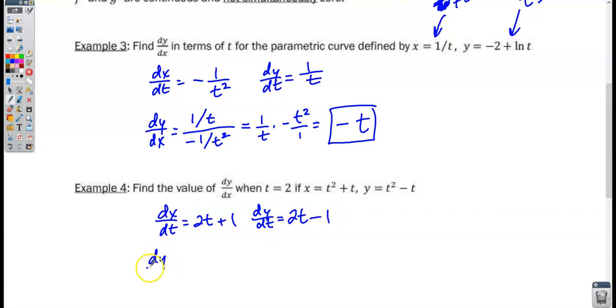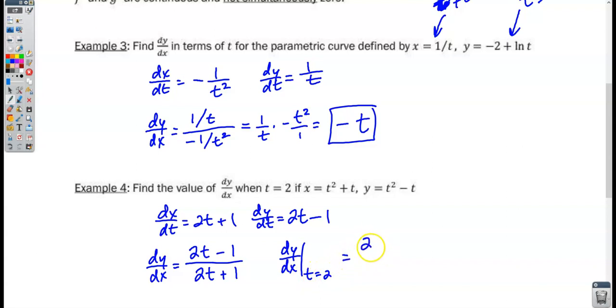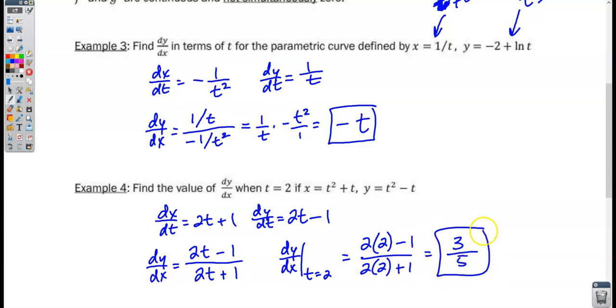And so dy dx is equal to dy dt over dx dt. And so dy dx when t is equal to 2, we're going to just go ahead and evaluate that at t equals 2. Substitute 2 in there for t. And we end up with 3/5 as the value of dy dx when t equals 2.